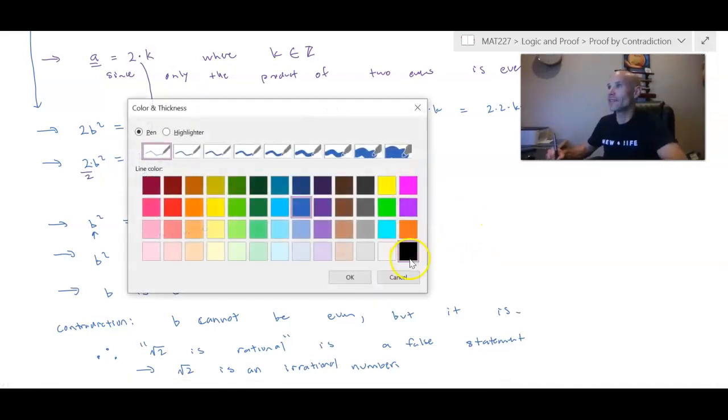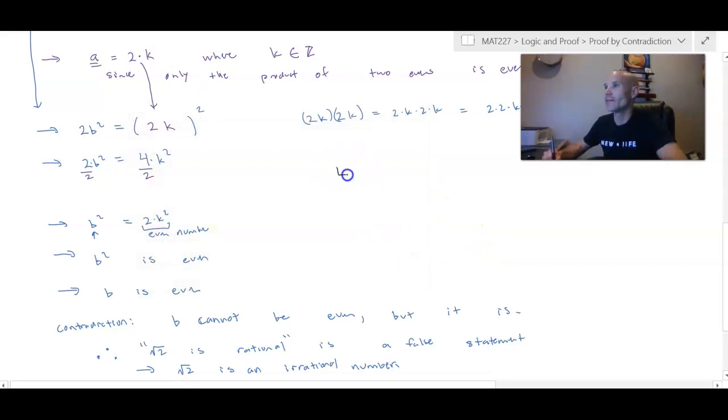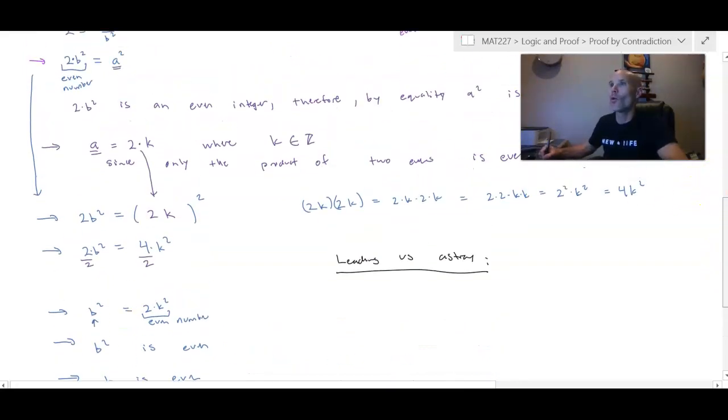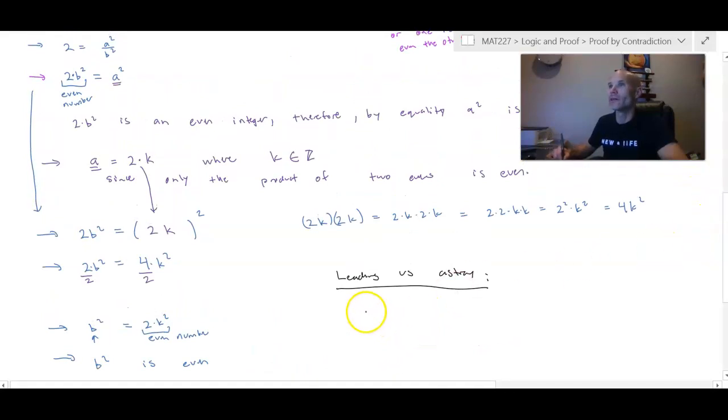One of the things that would lead us astray, meaning that we would have a harder time with this, is if back up here, where we wrote 2b squared equals a squared, that would naturally make us want to conclude, well, hey, a squared is even.